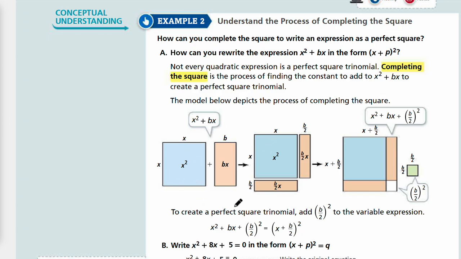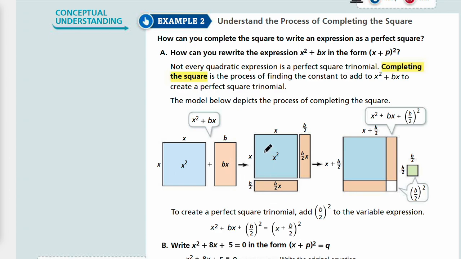So look at this model here. X squared plus bx is right here, right? So x squared could be represented as an area for a square that has the side of x. And bx could be represented as the rectangle that has a side of x and a side of b. Okay, in order to complete the square, if we add x squared and bx, it is not going to be a square, it's going to be a rectangle because bx is a rectangle, right?